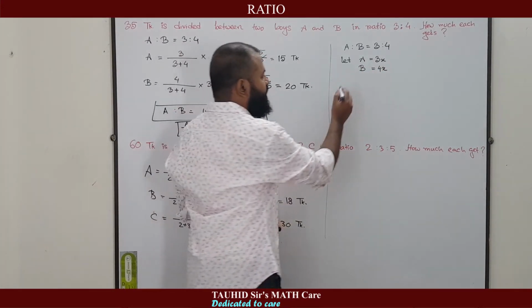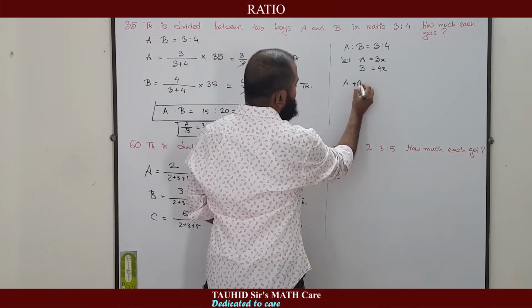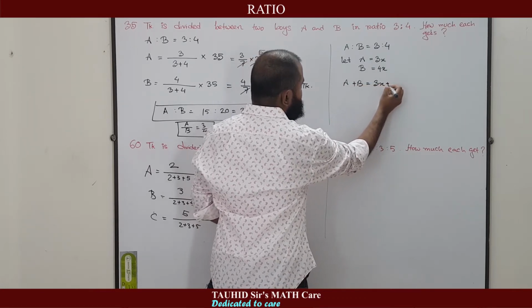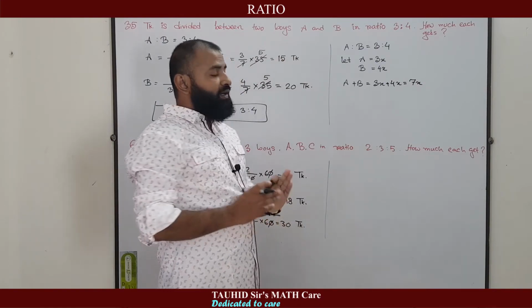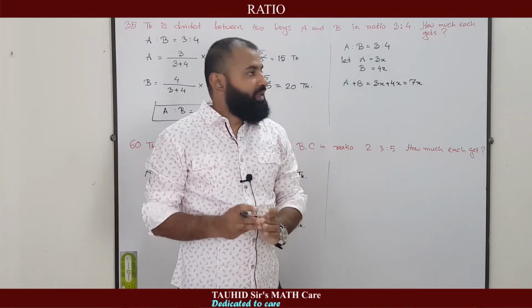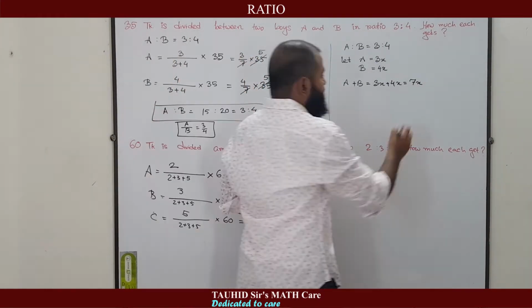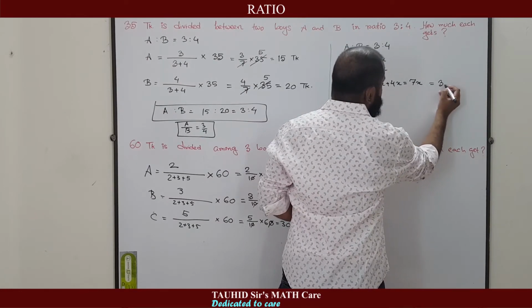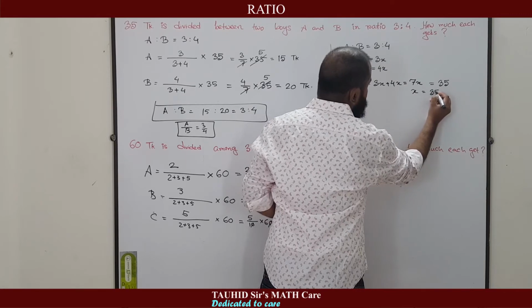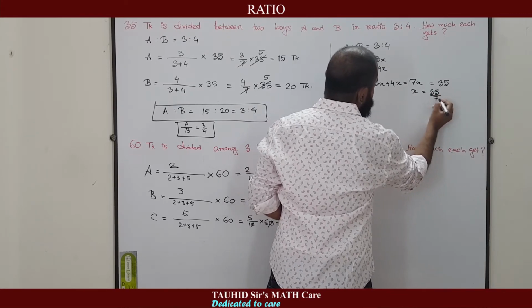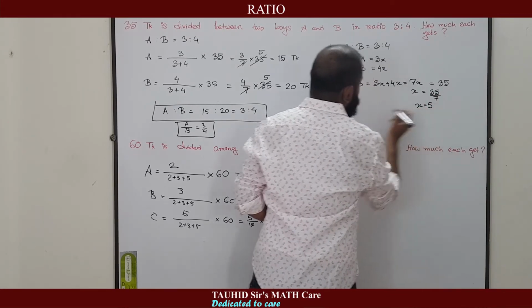The total amount of A and B will be 3x plus 4x equals 7x. The total amount here is 35 taka. That means the value of 7x is 35. That means x equals 35 divided by 7, x equals 5.